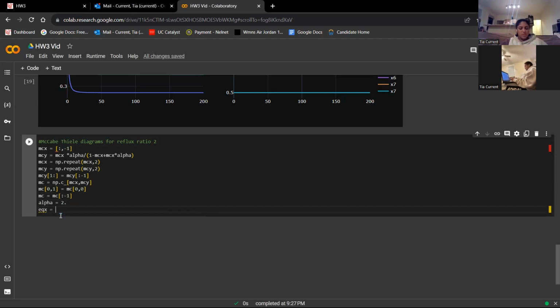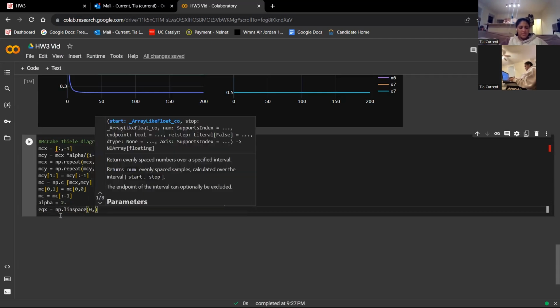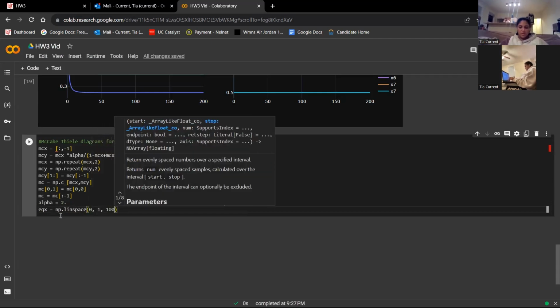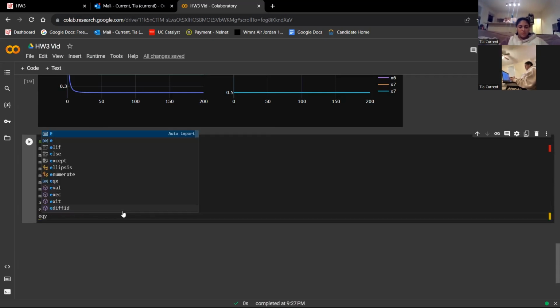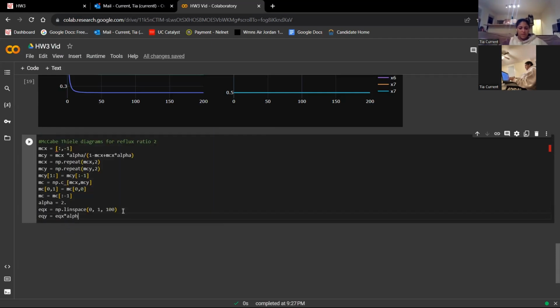EQX is equal to my NP dot linspace again. 100 between EQX alpha divided by 1 minus X EQX alpha.